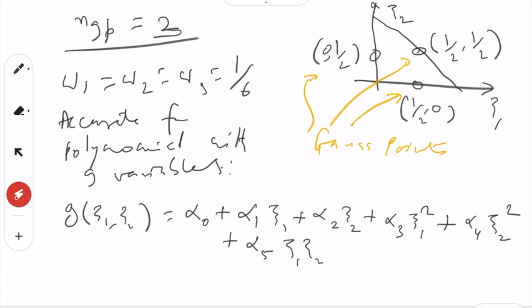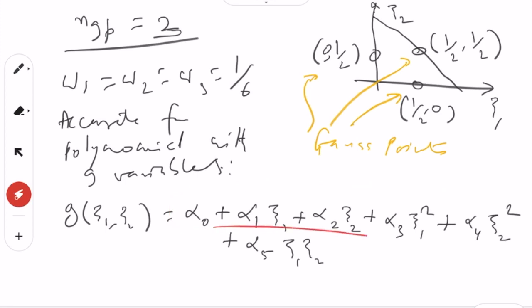So what we see with the number of variables here is, if you see, this will have 1, 2, 3, 4, 5, 6 terms. So this is a quadratic in 2 dimensions, and there are 6 things on this side.